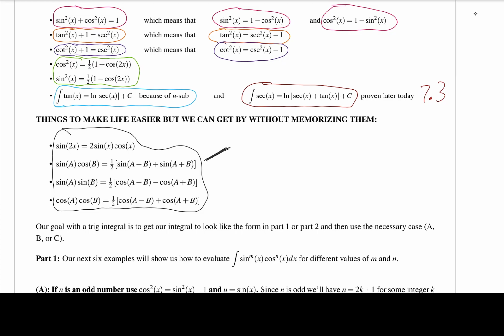At the end of the last section, we did an integration by parts problem, which was a loop. And I believe it was something like the integral of sine of 2x cosine of 3x. If we had broken it up using this formula, it would have been a whole lot faster, a whole lot easier. We could have just done it with U sub. But that's no fun, right? So we did the loop.